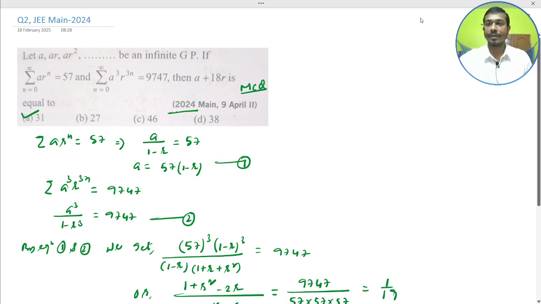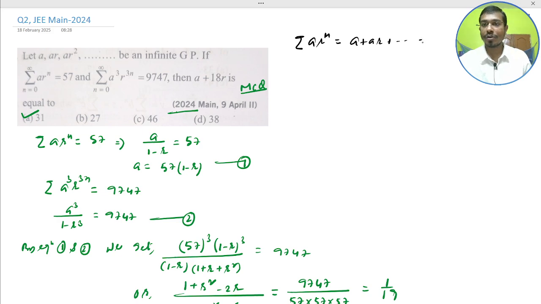And here the main concept is that the summation of a r to the power n is equal to a plus a r plus dot dot, which is equal to a by 1 minus r, and the summation of a cube r to the power 3n would become a cube plus a cube r cube plus dot dot, which is a cube divided by 1 minus r cube.